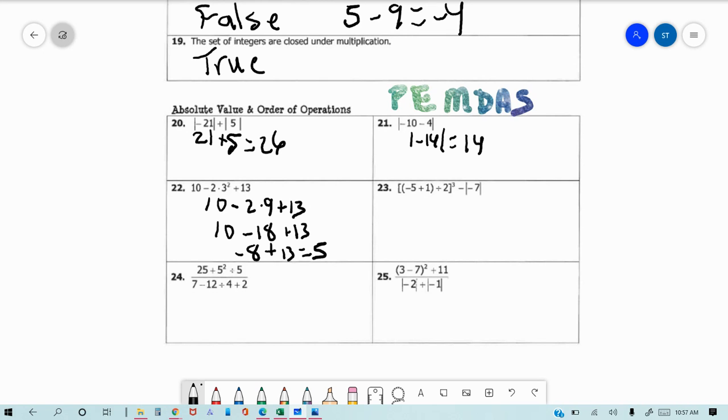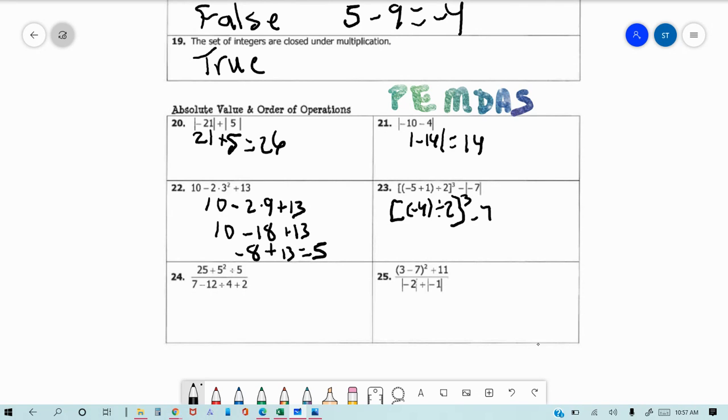All right, our next one was a little more difficult because it had those extra parentheses in it. So we went ahead and did that first parenthesis, which was that -5 plus 1. And then we went ahead and pulled out that. We know that 7 absolute value is an actual 7.